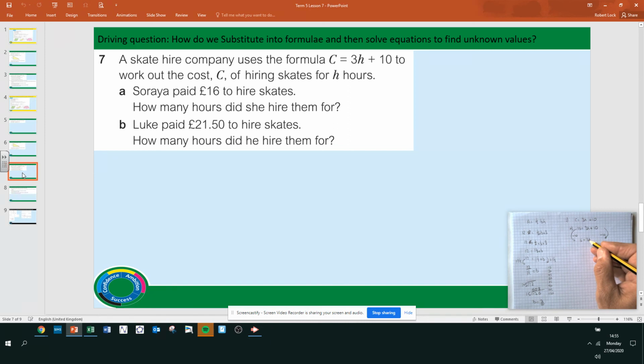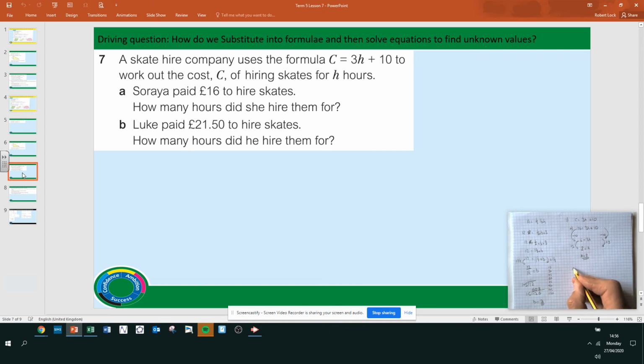We've got 3 times H, so we want to divide both sides by 3. So 6 divided by 3 is 2. 3 divided by 3 is 1, so there's H. So the answer is 2. H equals 2.